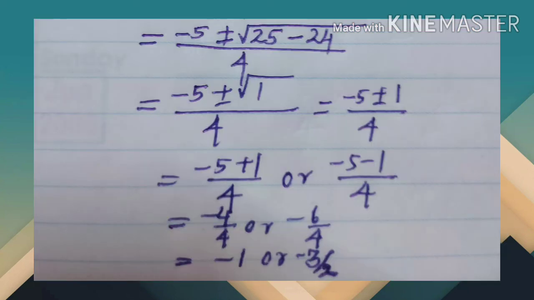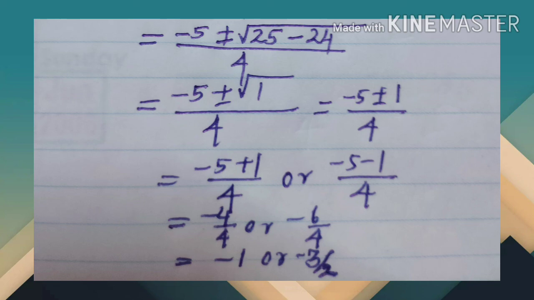This implies that x is equal to minus 5 plus or minus square root of 25 minus 24 whole divided by 4, equal to minus 5 plus or minus square root of 1 whole divided by 4, equal to minus 5 plus or minus 1 whole divided by 4, is equal to minus 5 plus 1 whole divided by 4 or minus 5 minus 1 whole divided by 4, is equal to minus 4 by 4 or minus 6 by 4.